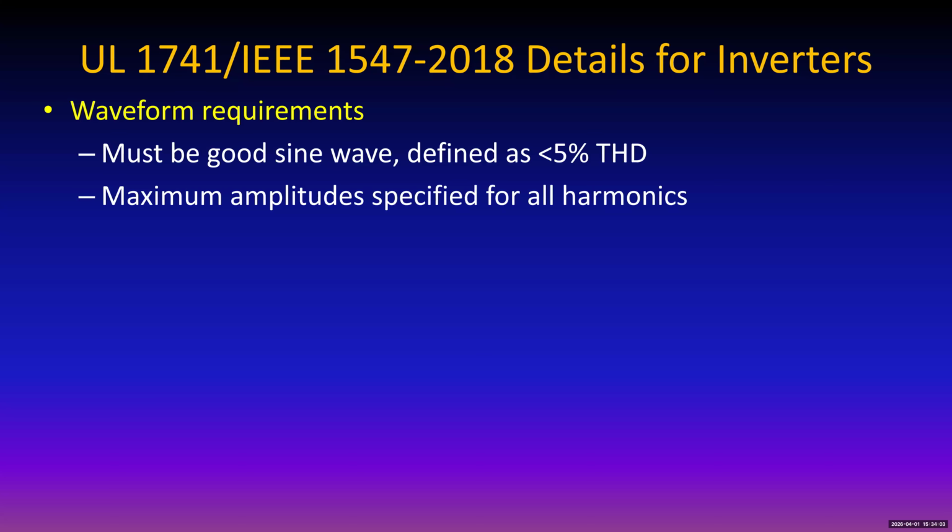You have to have a good sine wave, less than 5% total harmonic distortion. That means it needs to be a nice sine wave, without little bumps or dips or ripples in it. And it specifies the maximum amplitude for any odd or even harmonic of that 60 hertz sine wave.